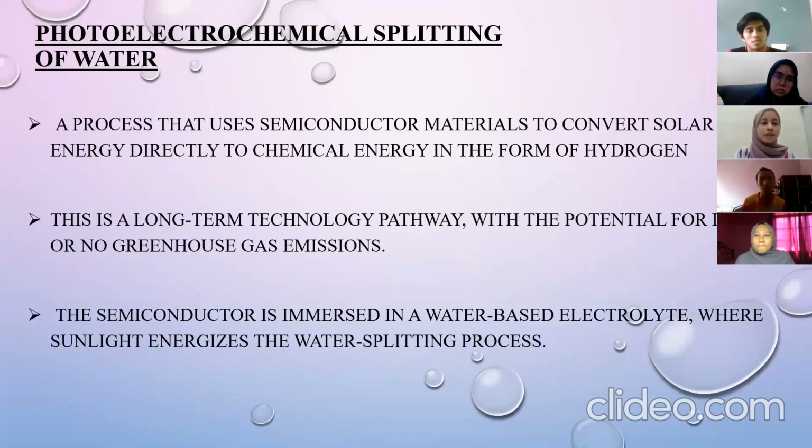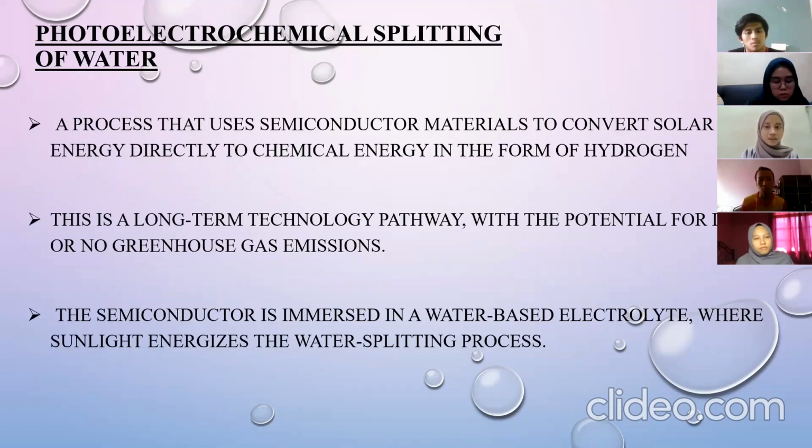So I will continue with photoelectrochemical splitting of water. It is a process that uses semiconductor materials to convert solar energy directly to chemical energy in the form of hydrogen. So it basically uses hydrogen as an energy carrier. This is a long-term technology pathway with the potential for low or no greenhouse gas emissions.